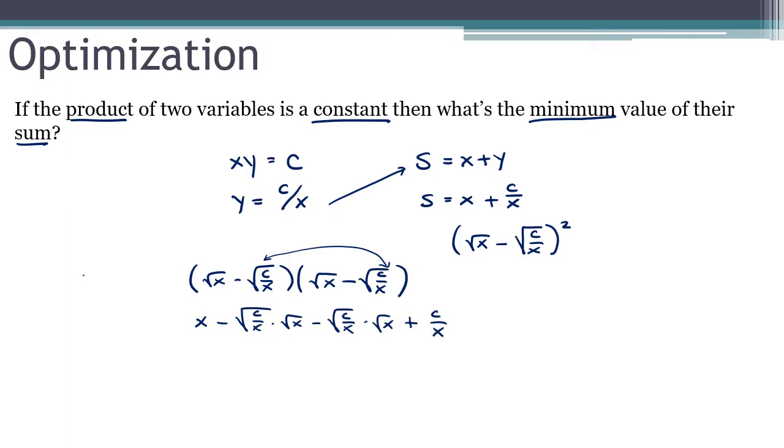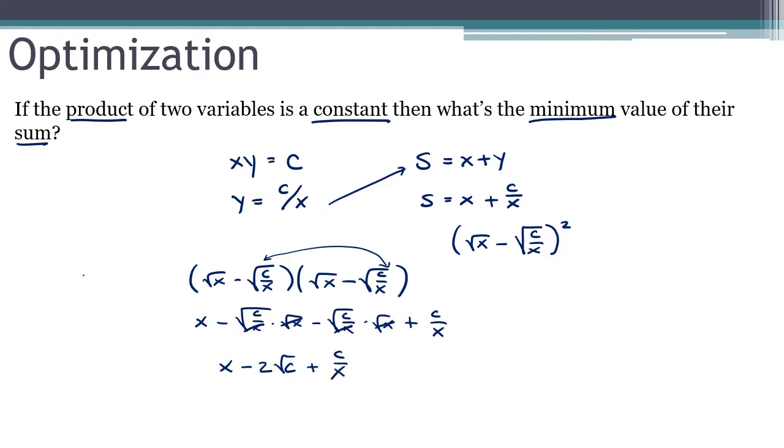Now with these square roots, I've got a square root of x in the numerator and the denominator in each one. They cancel. So what am I left with? I'm left with x minus 2 square root of c plus c over x.